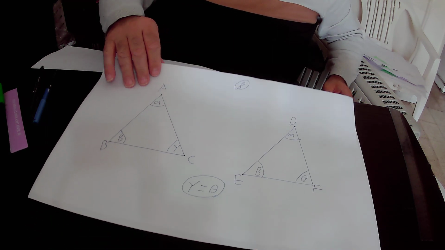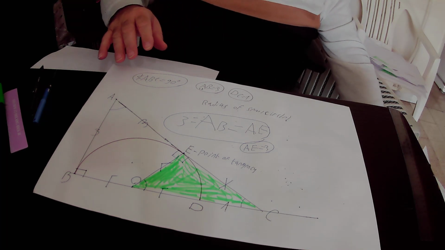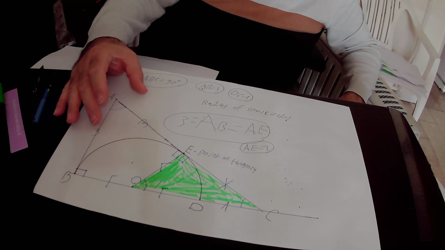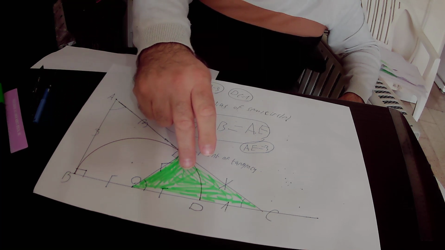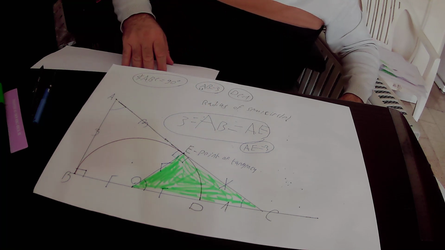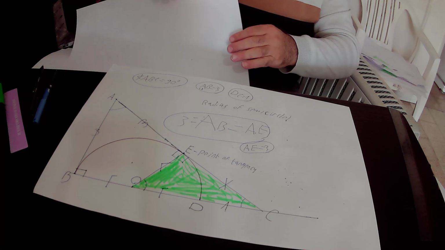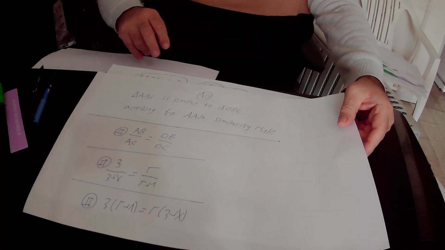Then we return to our original drawing, and in our original drawing we proved that all three angles of triangle ABC are congruent to all three angles of the green right triangle, triangle OEC. Therefore, we proved that triangle ABC is similar to triangle OEC according to the angle similarity rule.